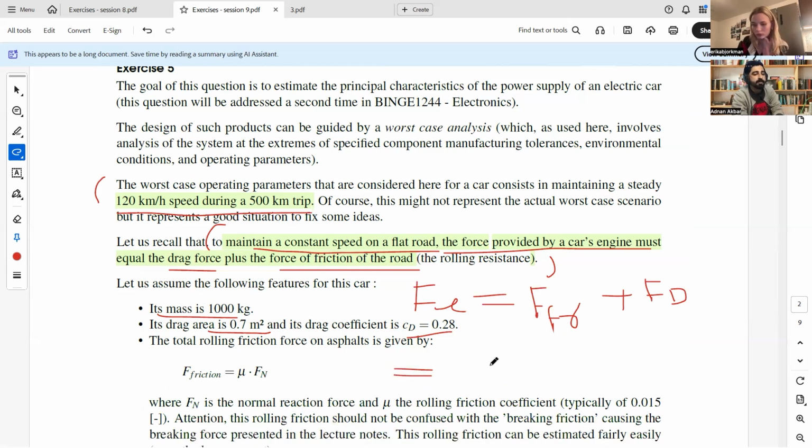Let me open this equation. First of all, I'm writing the drag force: 1 by 2 rho A CD V square, plus the force of friction, we can write it as mu N because N is the normal reaction.